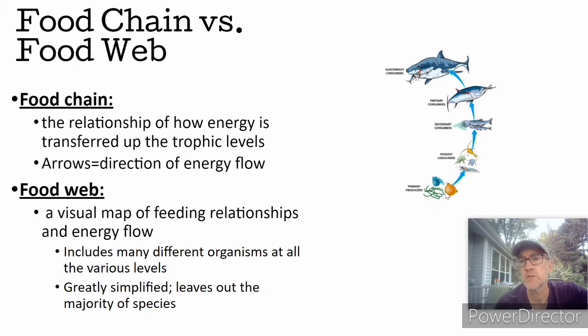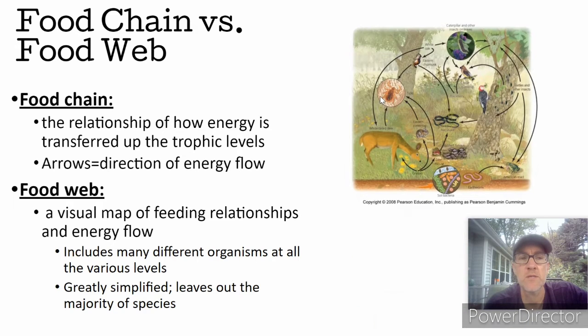Here are primary producers out in the open ocean, mainly algae species, which feed small crustaceans, and all the way up to our quaternary consumer up here, the great white shark. In contrast, here's a food web, and you can see all these interconnections between organisms. This one is interesting.